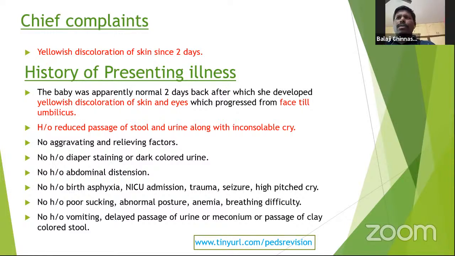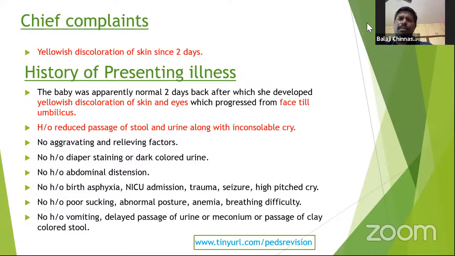Okay. So here, this is your presenting complaints. So yellowish discoloration, jaundice, is your presenting complaint. What else can be the presenting complaints? Usually we give a newborn. What else will be the presenting complaints? So it can be any seizure, involuntary movements.